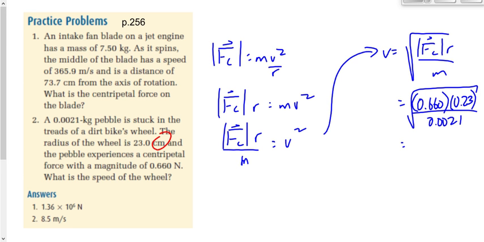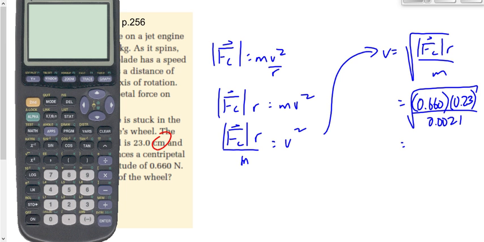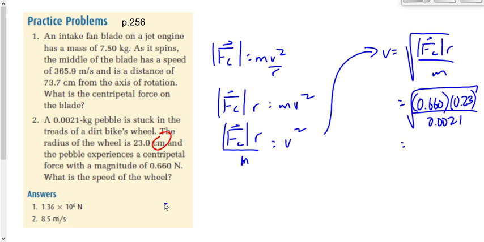All right, let's calculate this now. Let's say 0.66 times 0.23 divided by 0.002. Now let's not forget to square root that. When we do, we should get the answer in the book, which is, I just got 8.7. What did you guys get?